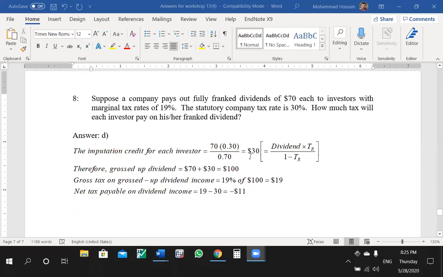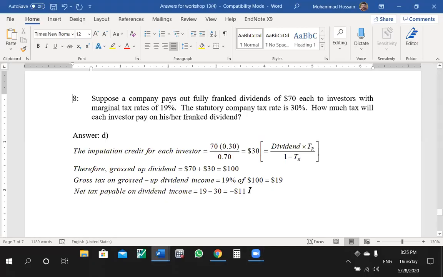So the gross dividend will be 30 plus 70, $100. Its tax is $19, and the company has already paid 30. So that $11 is the tax you'll have to return to him. That's it.